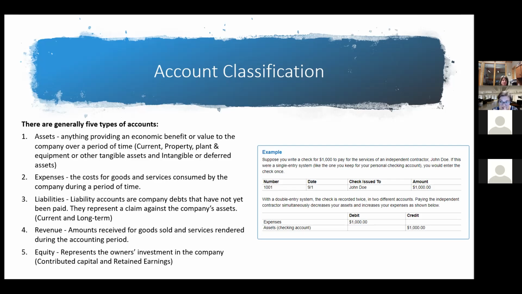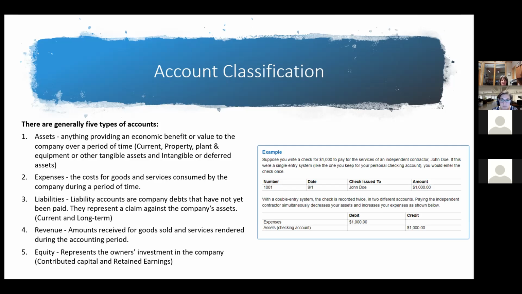Expenses: cost of goods sold, rent expense, payroll tax expense, the employer portion. Liabilities are anything that the company owes, company debt that has to be paid sometime in the future. So payroll tax liability could be paid quarterly, or you've got FUTA and state unemployment, and it sits in that liability account until it's paid.